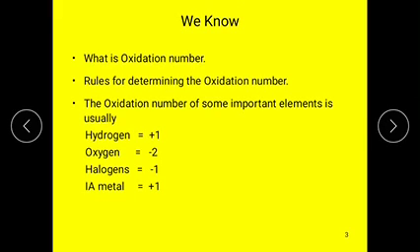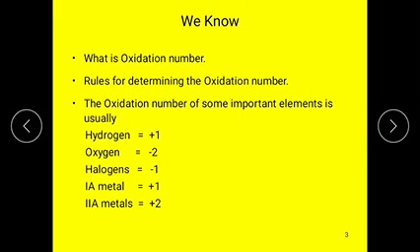First group metals are taken as plus 1. First group elements, except hydrogen, are lithium, sodium, potassium, rubidium, cesium, francium. These have plus 1. Halogens like chlorine, fluorine, bromine, iodine are minus 1.